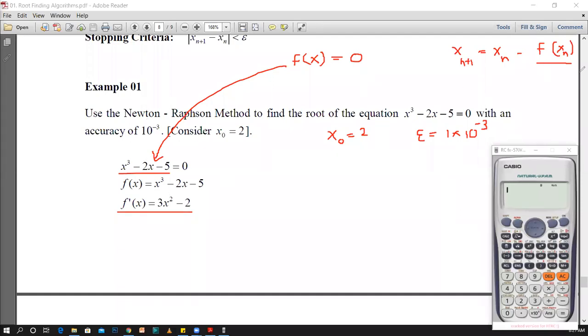We know the expression for the function f(x), and the next thing we need is f dash xn. To substitute the value of xn, we need to identify the first derivative of the function f. Therefore, as soon as you identify f(x), you have to obtain the first derivative of this function.